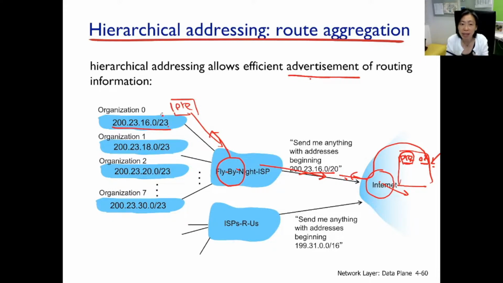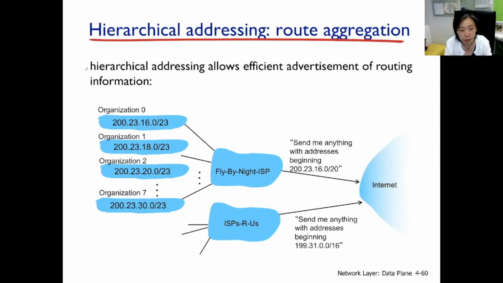So by advertising the prefix, we also draw the data into the organization, and the data is destined for one of the hosts in the subnet anyway. The routers inside the subnet will do further routing to get to the final destination. Nice. So you see, organizations 0, 1, 2, all the way to 7 will be sending one advertisement only instead of these many advertisements.